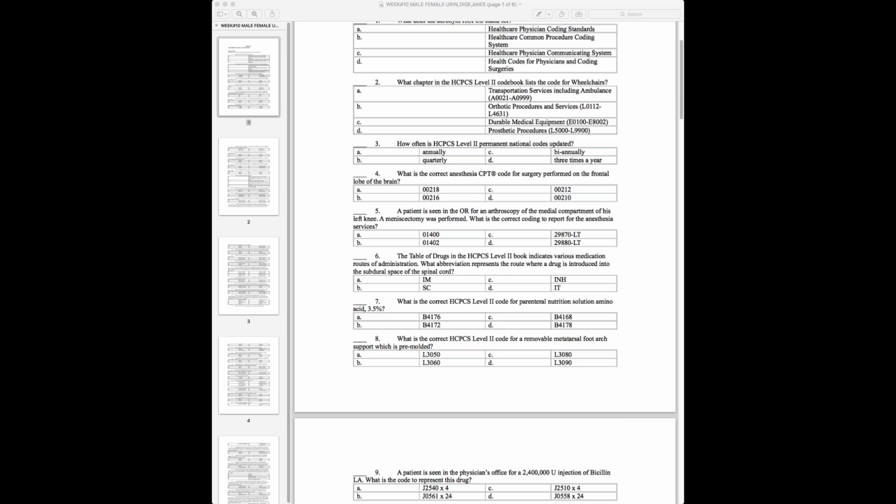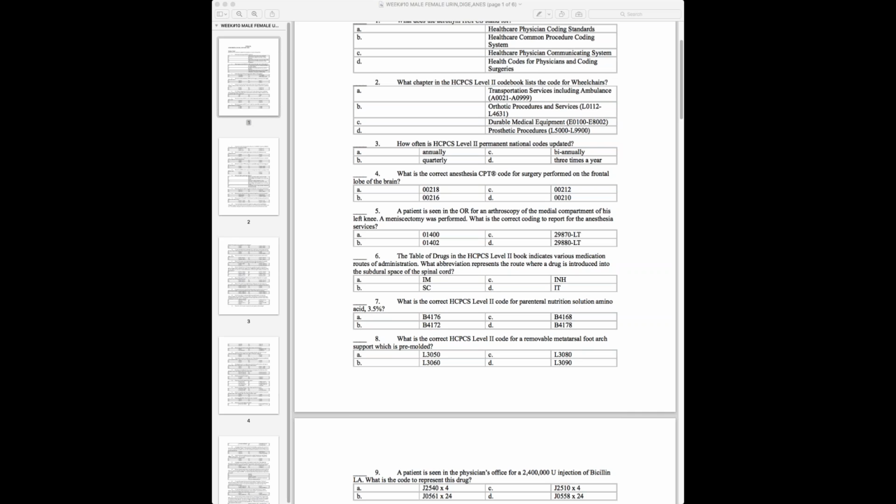Number 10, now we're going into the digestive system, so we're back into the CPT manual. And so what you're looking up, also, just like we did anesthesia in the index, you can do the same thing with the term laparoscopy.